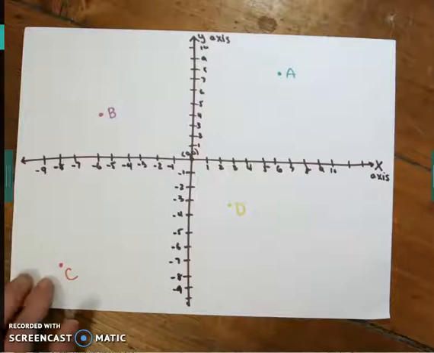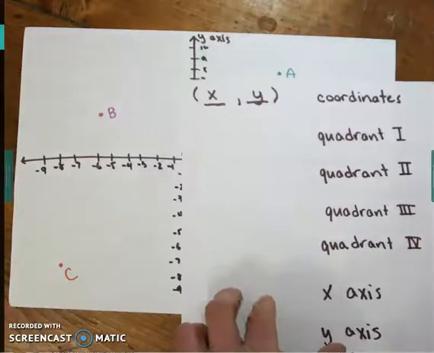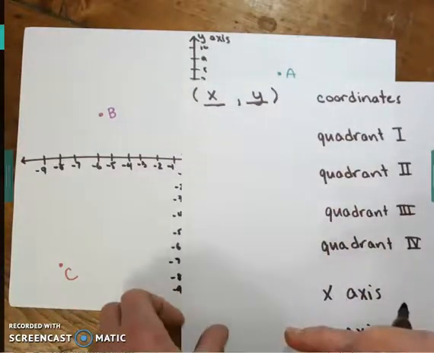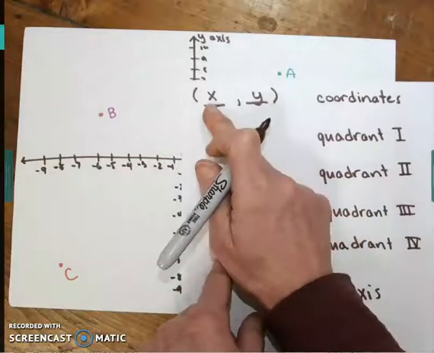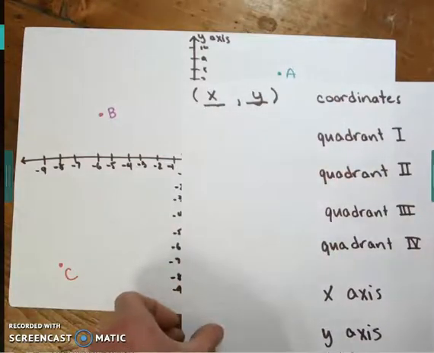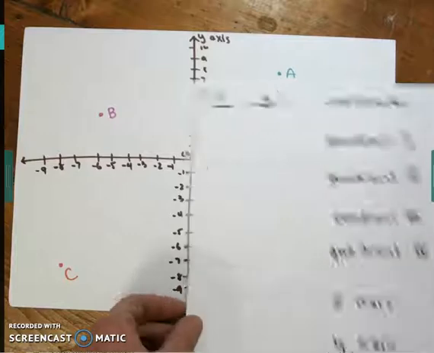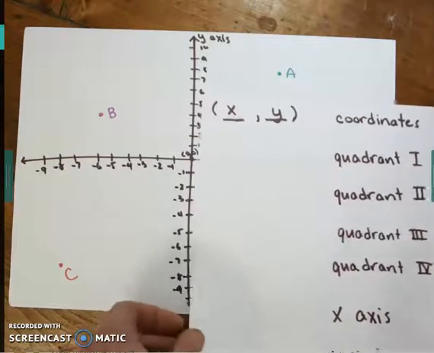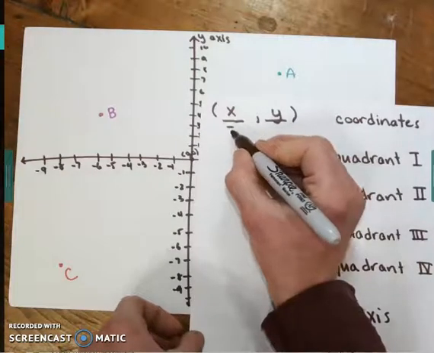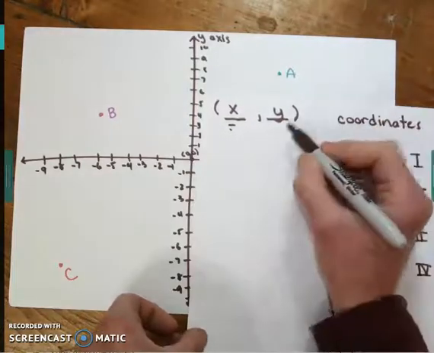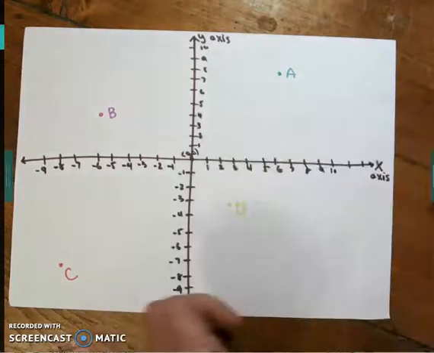Okay. Now it makes a little more sense to call one number x and one number y. I also remember this because x comes before y in the alphabet. So when I want to name a point, I need to say what its x value is on the x-axis and what its y value is on the y-axis.